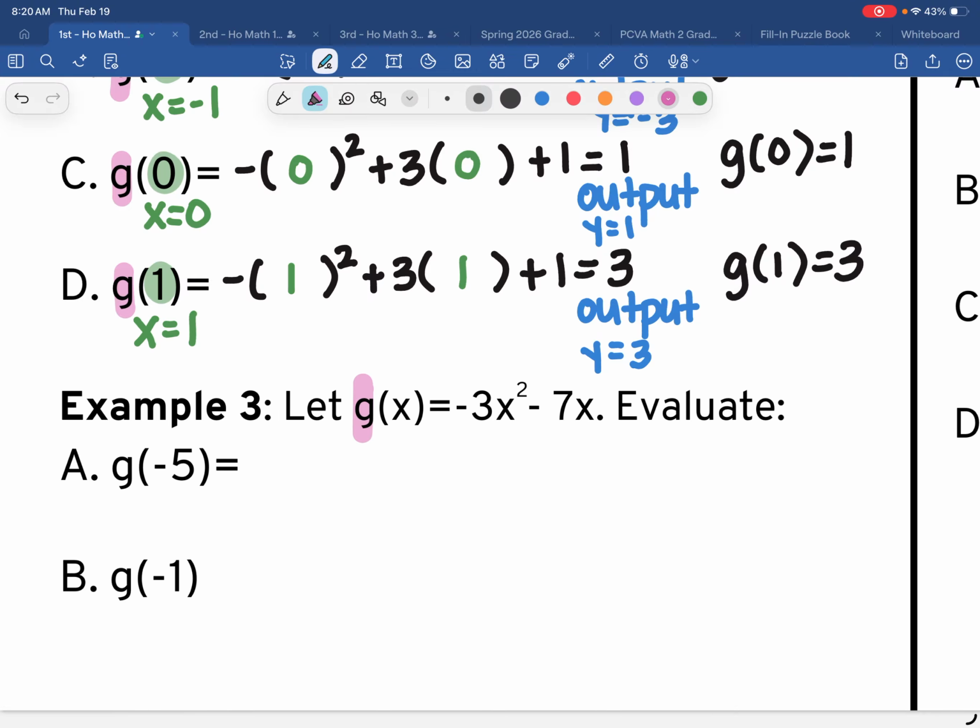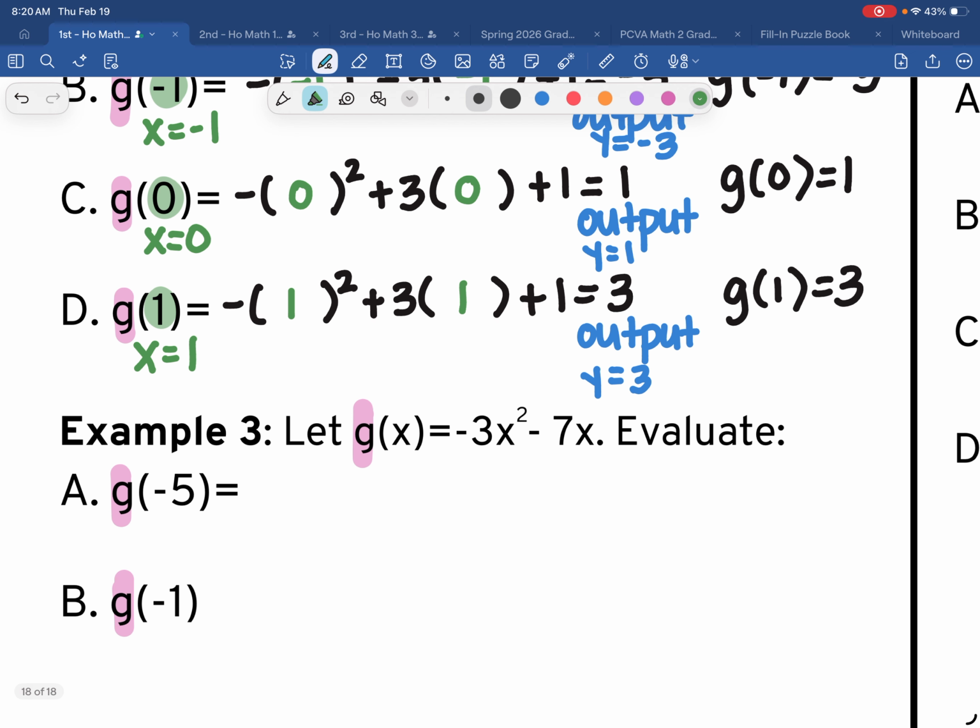All right, and we're going to do two more, very similar situation, but a different problem. So we are naming this one g again. Those match up. The only thing that's really different about this one from before is I have a number in front. That doesn't change anything. Everywhere I see an x, I'm going to substitute into that function. So again, the function that we're going to be substituting is negative 3x squared minus 7x.